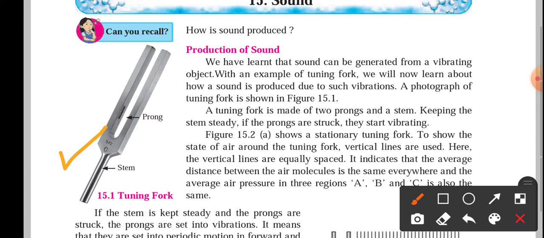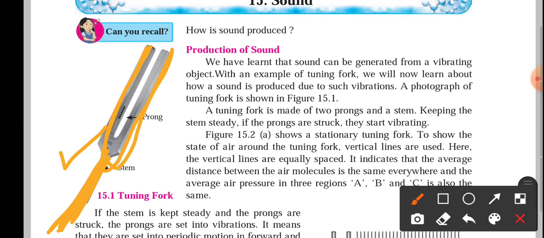In this instrument, which we call the tuning fork, we have this U shape, and these two arms are called the prongs of the tuning fork, and this portion is called the stem of the tuning fork, which is very useful in holding it.